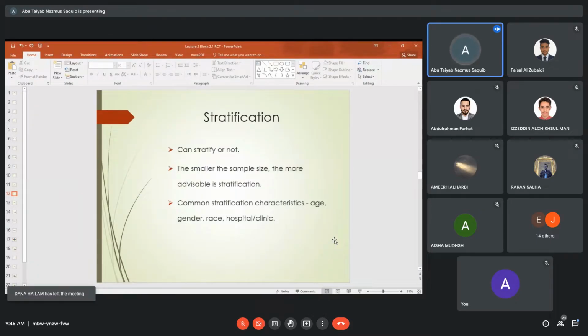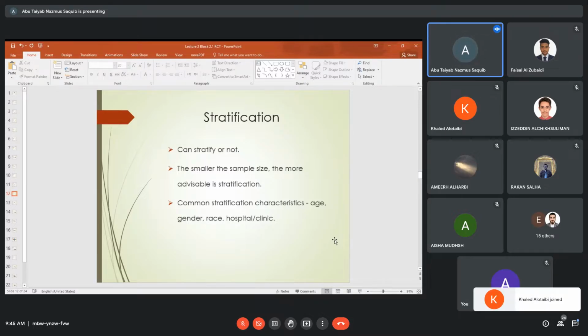But if your sample size is small, like 20 people or 30 people, then with this coin toss, just by chance, the groups can be unequally distributed. And if the groups are unequally distributed, you are in trouble, because if you find an effect, you do not know whether it is because of the intervention or because of any inequality between the groups.